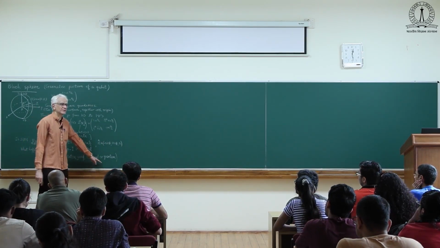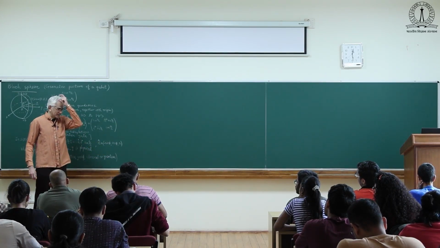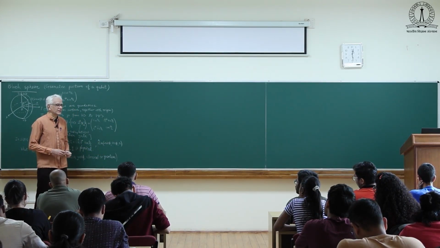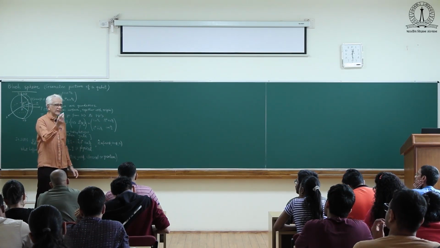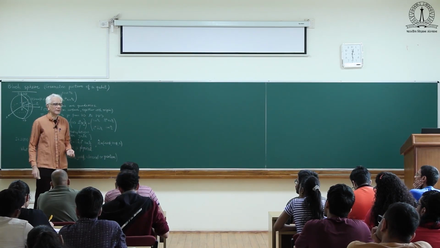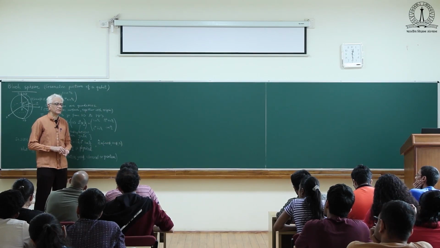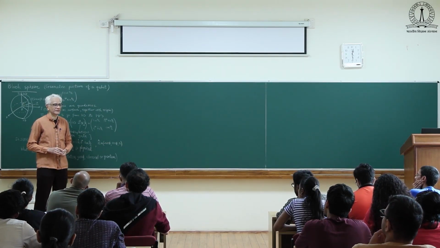So let me give you an illustration of it. If you have not seen it before, it is certainly worth remembering. You rotate some standard object by 2 pi. In classical physics, you come back to the starting point. But those are all the properties of what are called rigid bodies.